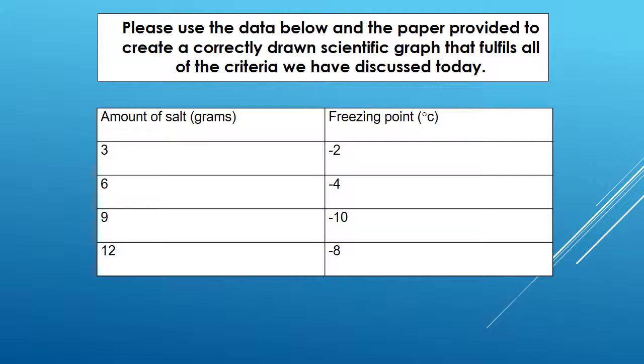However, after you complete this example, you are then going to complete another graph of a different data set under exam conditions. So this is a practice go. Please put up your hand if you have a question while you are completing this activity. I want everyone to understand the success criteria and how to use it before we attempt the next activity.